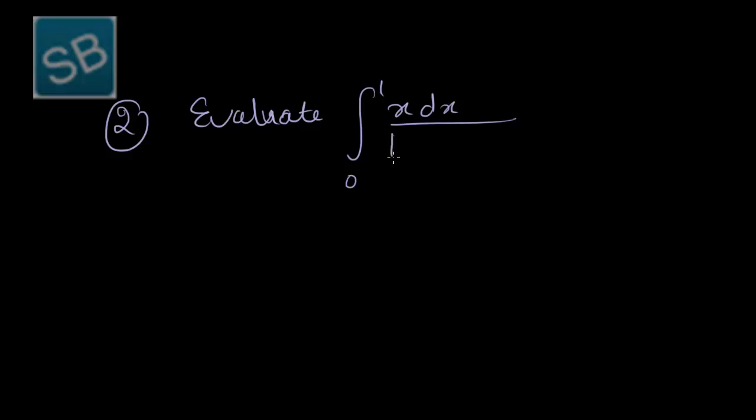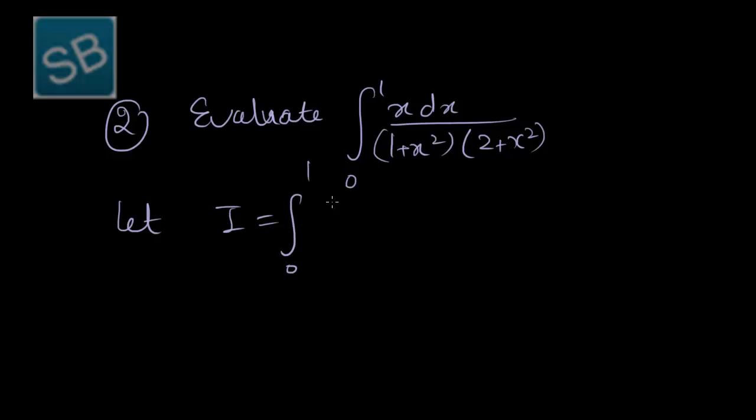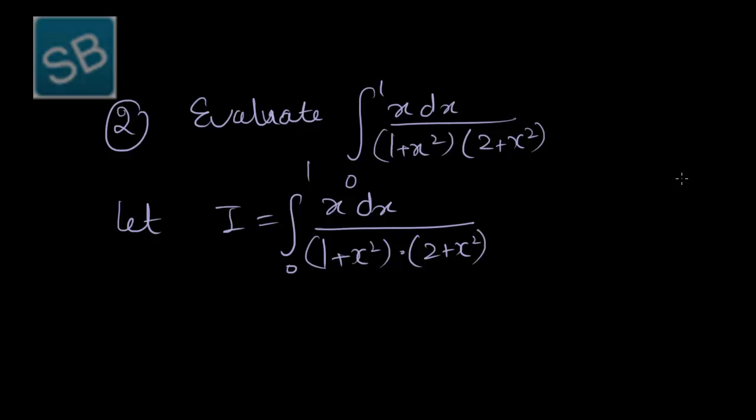Now the next problem is evaluate integral 0 to 1 x dx over (1 plus x square) (2 plus x square). So in this, let I is equal to integral 0 to 1 x dx over 1 plus x square in the denominator into 2 plus x square in the denominator.